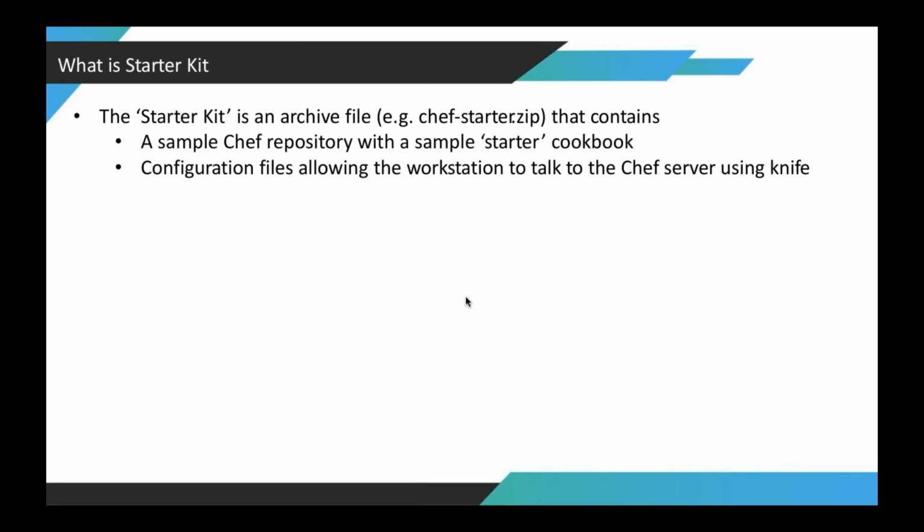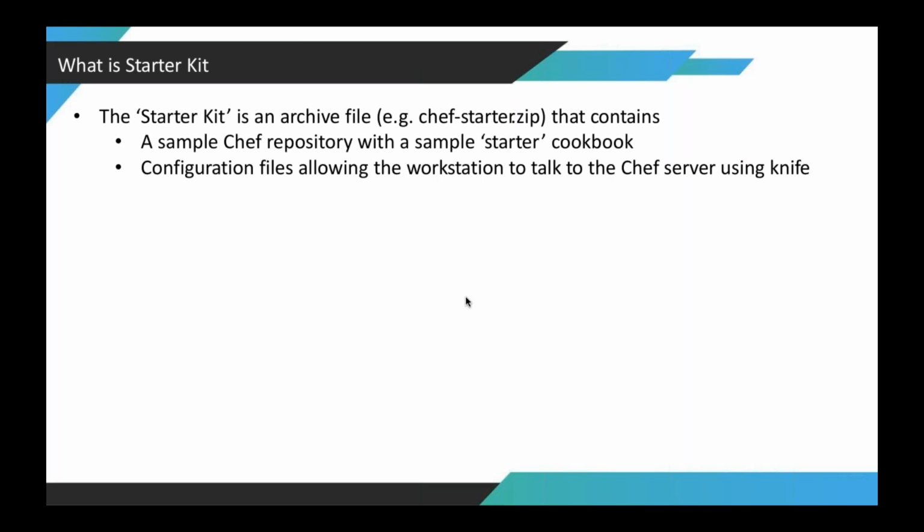So, whenever you have created an organization, you have to manage the configuration in that organization. You are going to create the recipes, cookbooks, etc. in that organization. And in order to do that, you need to establish an authentication between your workstation and your Chef server.